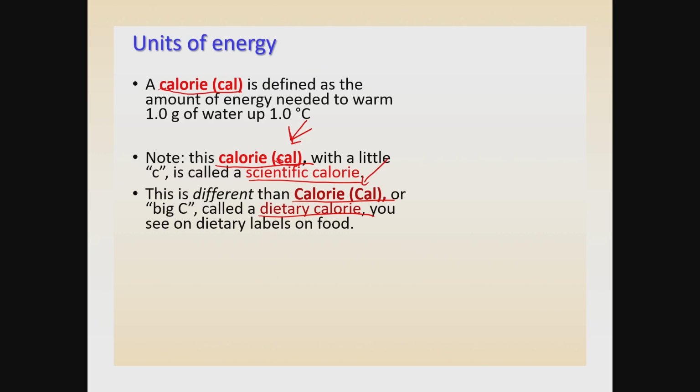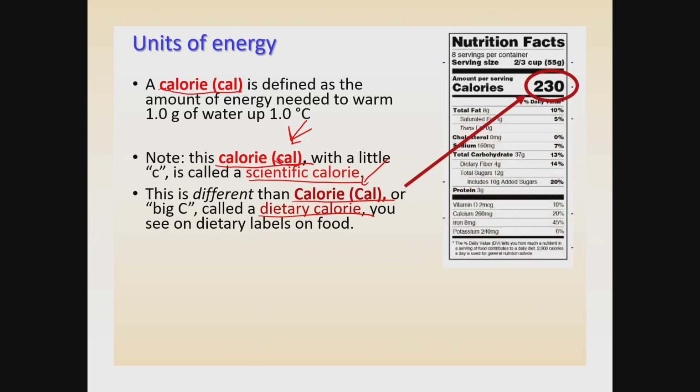And so you're probably very familiar with dietary calories. If you look at a nutrition label on the back of a piece of food, it will usually tell you the amount of dietary calories that are in one serving of that food. We can see that this piece of food here on the right has 230 dietary calories per serving.